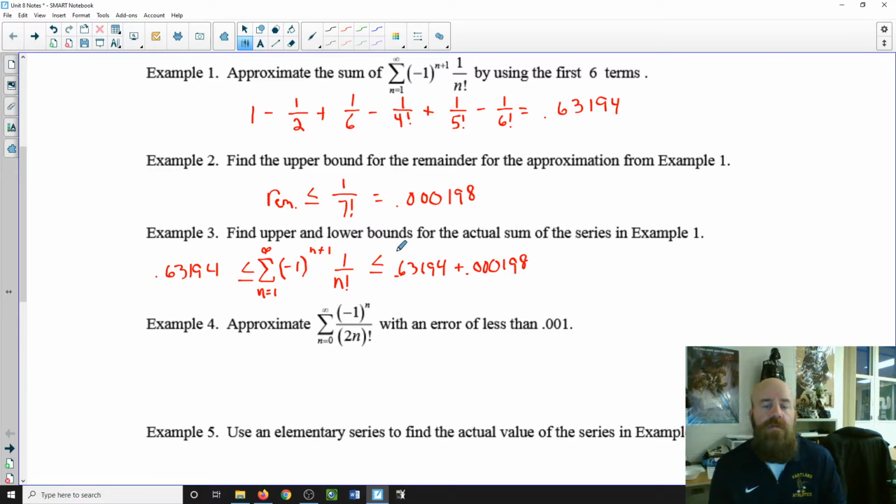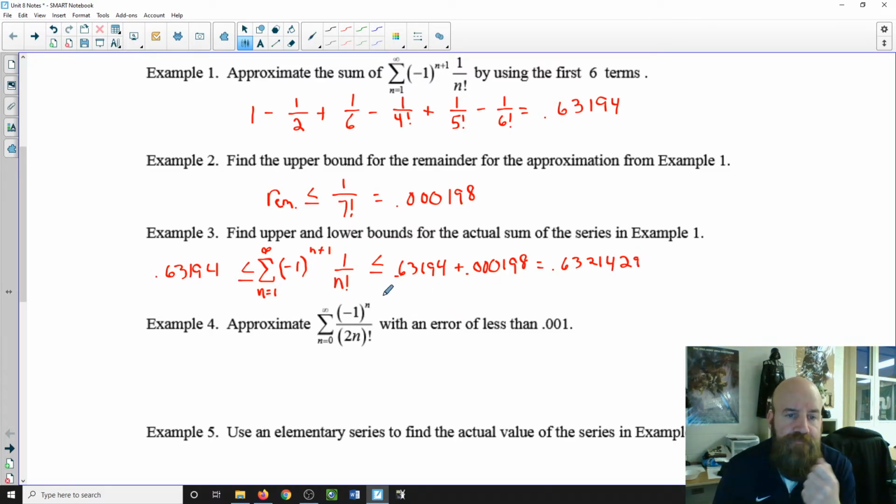So our value is going to be somewhere between here. So our calculated value and our calculated value with our error added on. Okay? Which ends up being 0.6321429. Okay, so that's how we would show that.